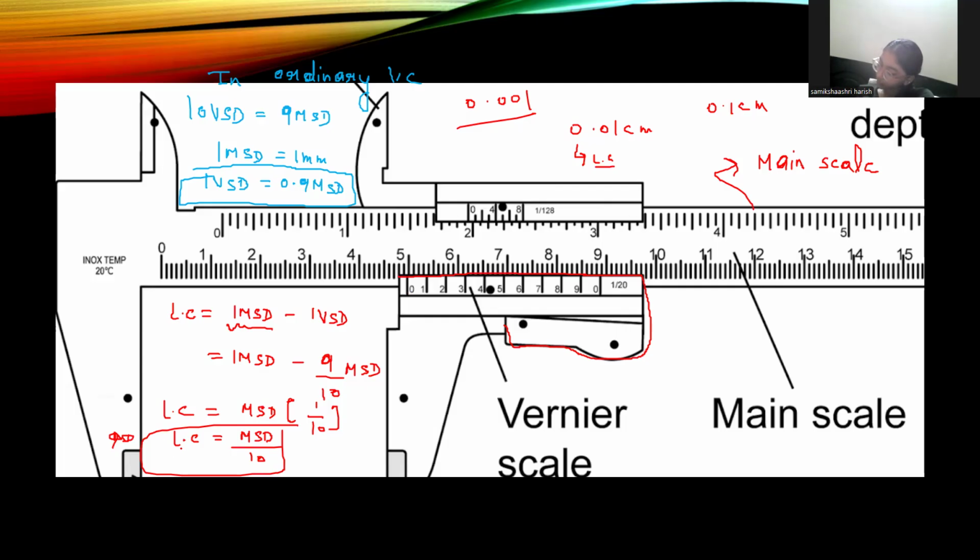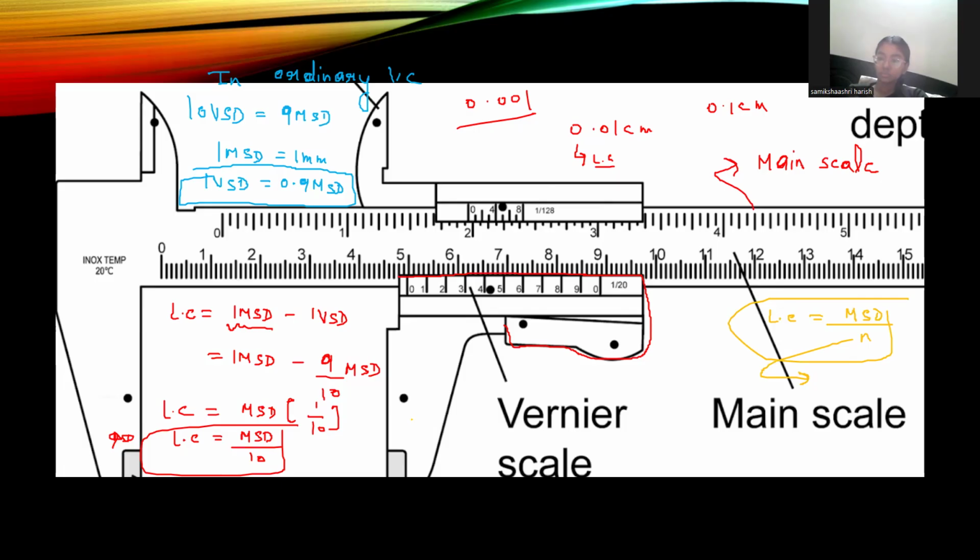Main scale division divided by 10 only? Yes, 10 only. What is 10 actually? I will write one common formula: least count is one main scale division divided by the number of divisions on the vernier scale.